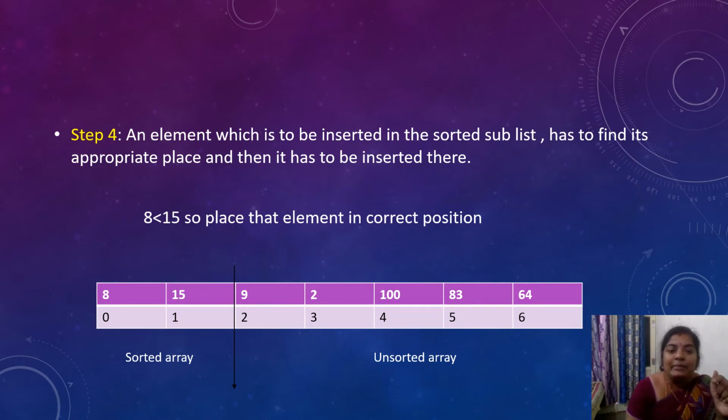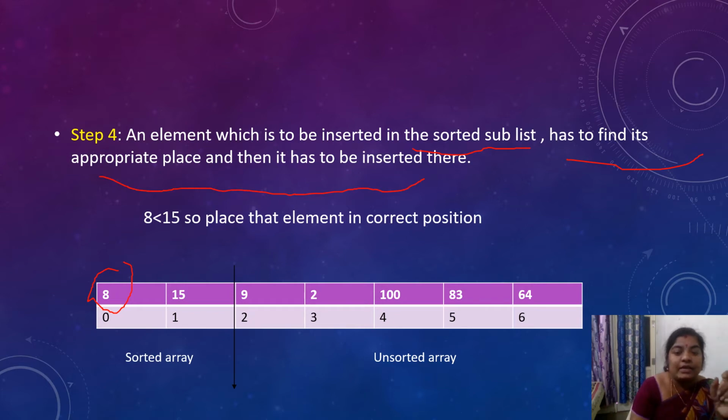The element to be inserted in the sublist has to find its appropriate place. That element is 8.